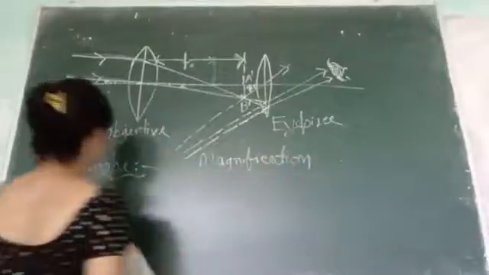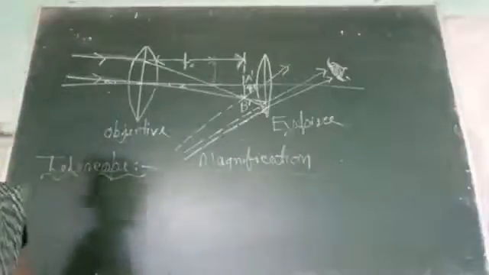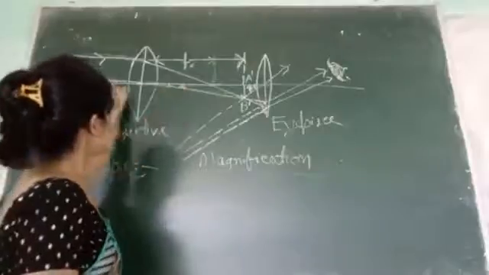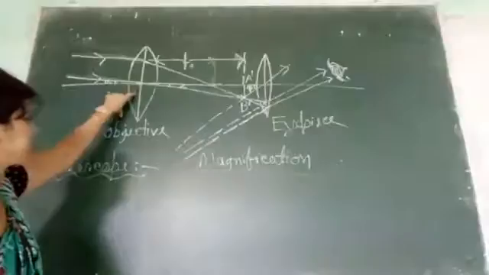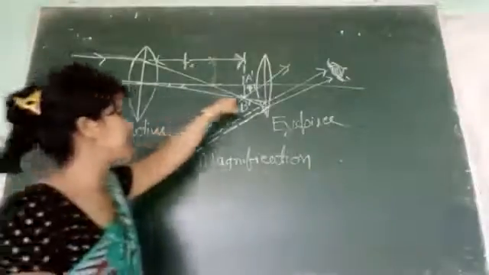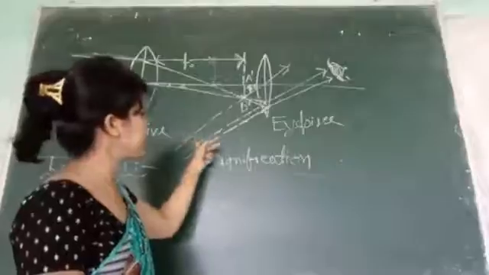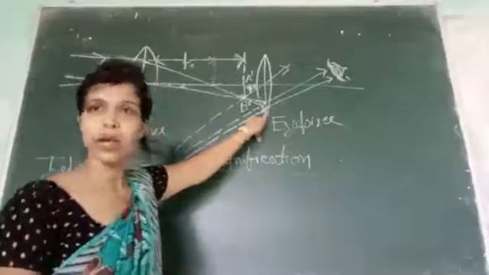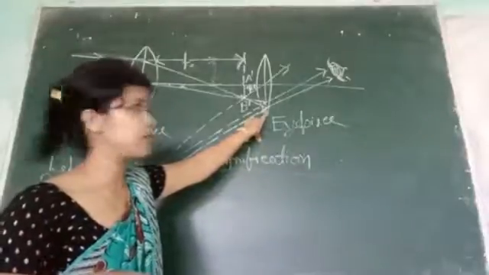Here in the board, alpha is the angle which is subtended by the object at the objective lens, whereas beta is the angle which is subtended by the image at the eyepiece as well as at our eye, or at the eye of the observer.